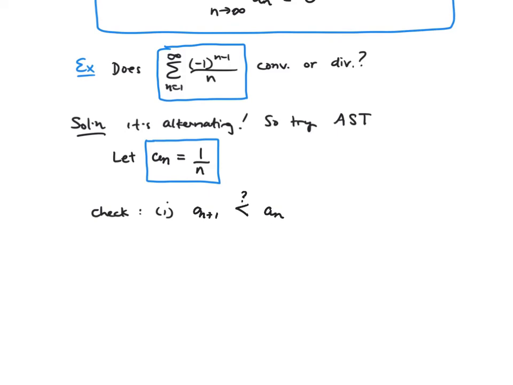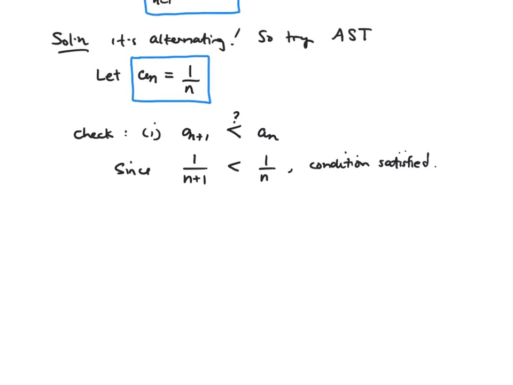Well, if an is 1 over n, an plus 1 is 1 over n plus 1. And of course it's less than 1 over n. So since 1 over n plus 1 is less than 1 over n, that condition is satisfied. It's just obvious. If I make the denominator bigger by 1, the expression is smaller. So condition 1 is trivially satisfied.